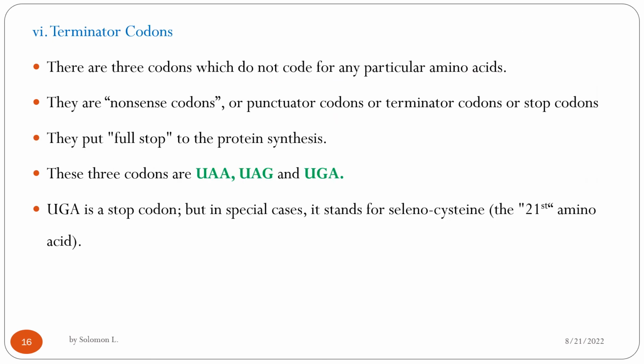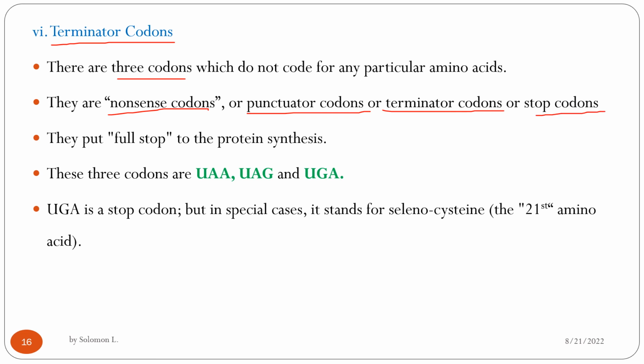The other feature is the terminator codon, which terminates protein synthesis. There are 3 codons which do not code for any particular amino acid, so they are nonsense codons, or punctuator codons, or terminator codons, or stop codons.